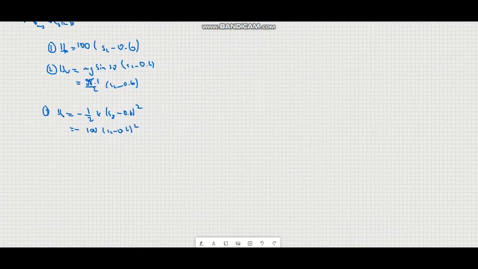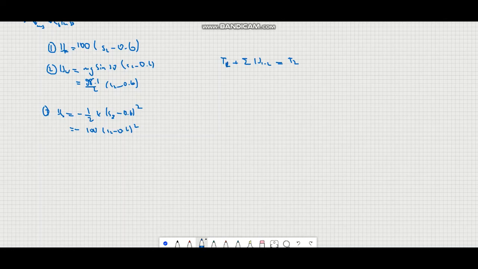We know these three. Then our main formula is T1 plus the total energy from point 1 to 2 equals T2.